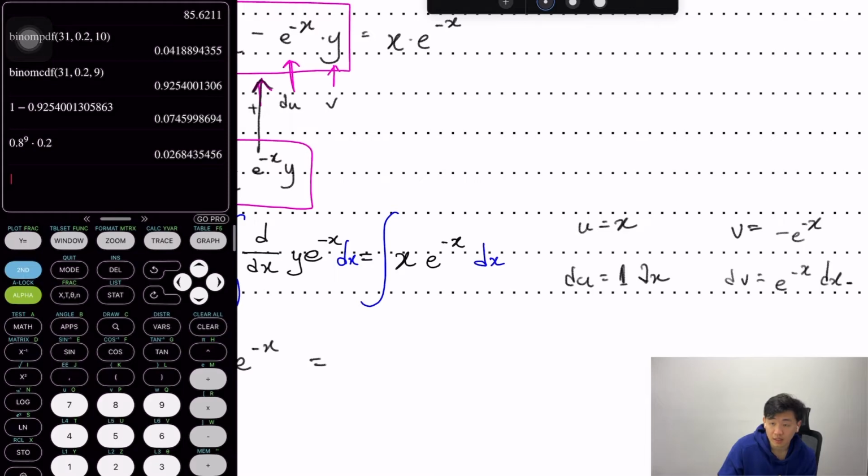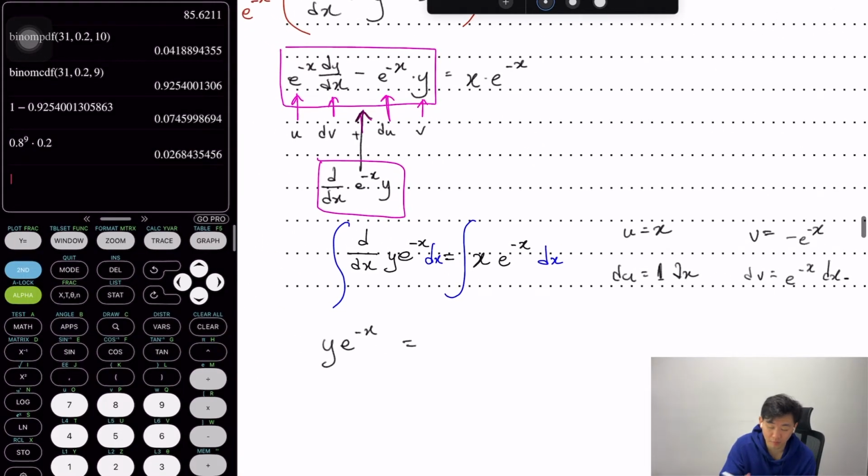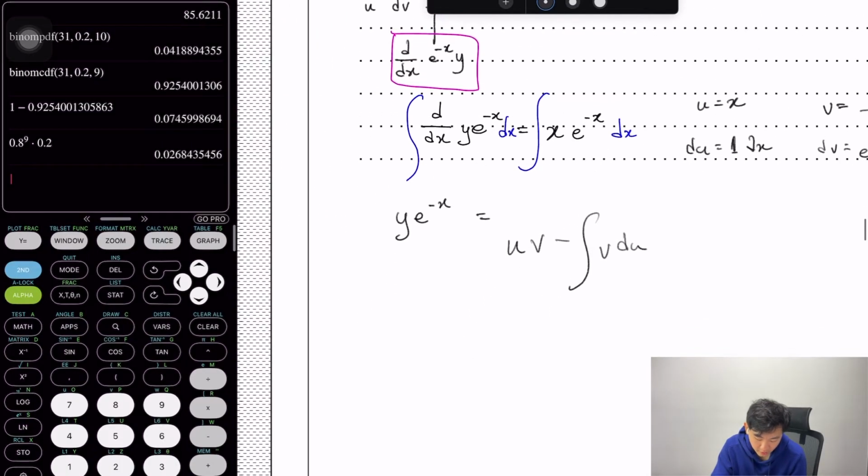After that, you can assemble the things together. How do we write the integration by parts? We write uv minus the integral of v du.